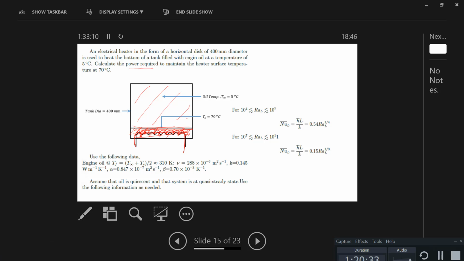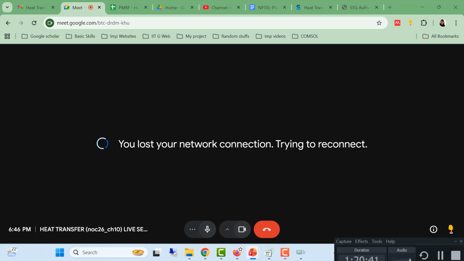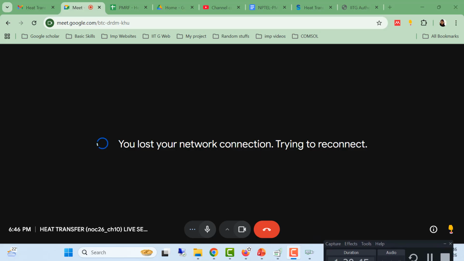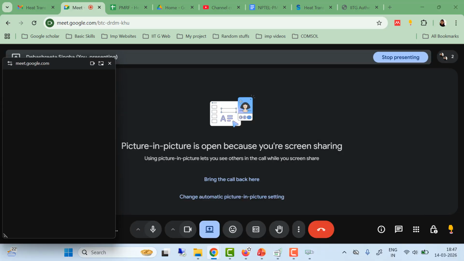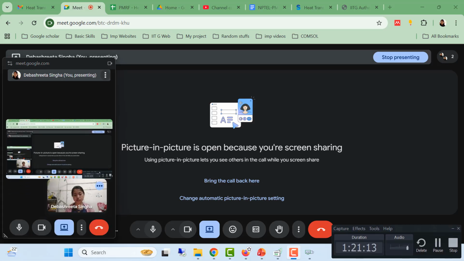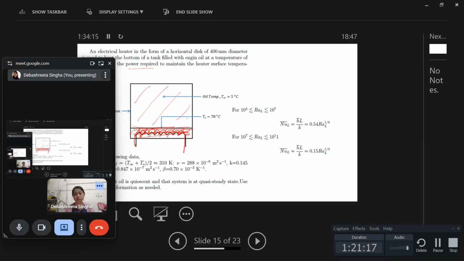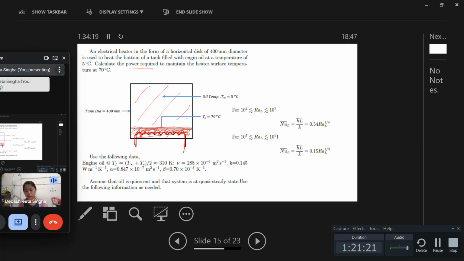Now what will be the power required to maintain the heater surface temperature at 70 degrees?